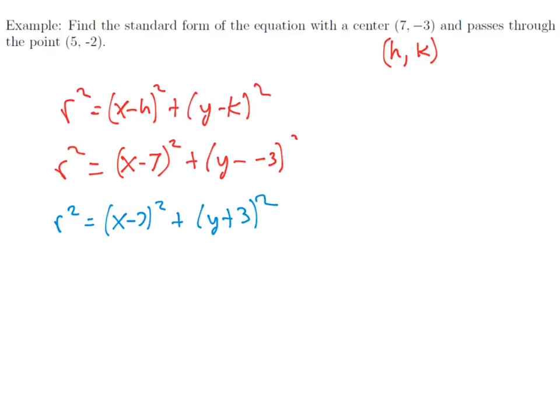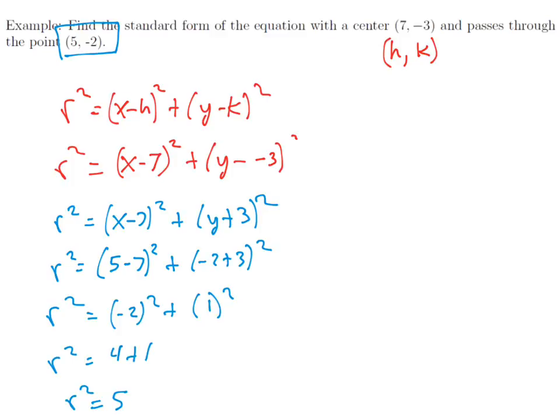Now to write the equation, we need to figure out what the r value is. To do this, we just substitute in this point for x and y and solve for r. So r squared equals, we're going to plug in 5 for x, so 5 minus 7 squared plus negative 2 plus 3 squared.